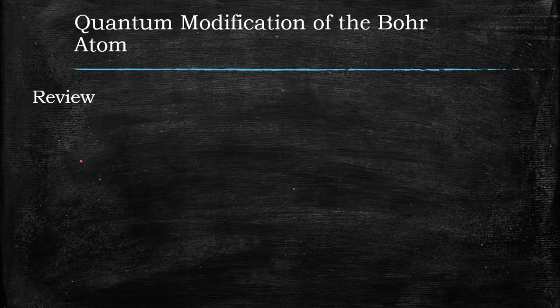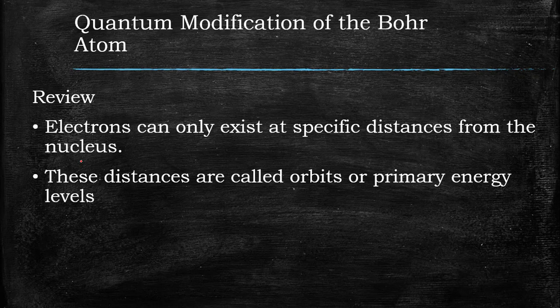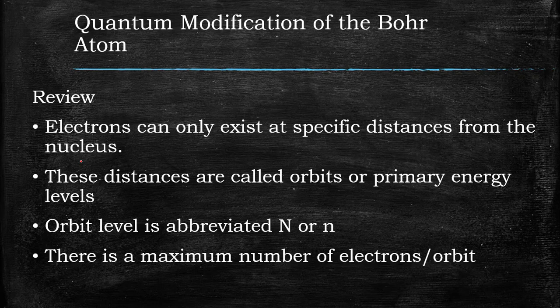So that's the introduction to electron configuration. To review, electrons can only exist at specific distances from the nucleus. These are called orbits or primary energy levels, and are abbreviated with a capital or a lowercase n. There is a maximum number of electrons per orbit, and the equation is the orbit number squared times 2.